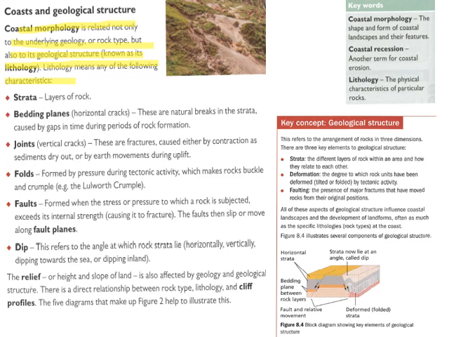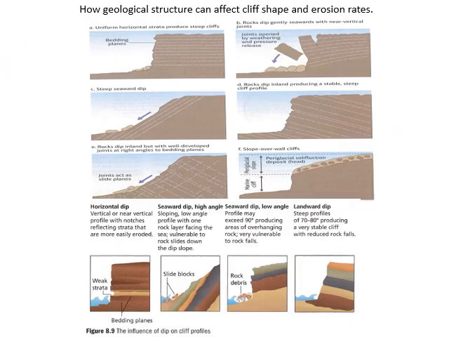So be very careful that when you are making notes, you do refer back to the specification, because as it notes here, lithology is about the physical characteristics of particular rocks. The geological structure is talking about the strata, the bedding planes, the joints, etc. So be careful when you're making your notes so you get that understanding of lithology and geological structure.